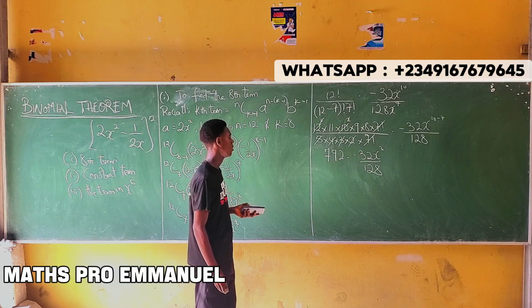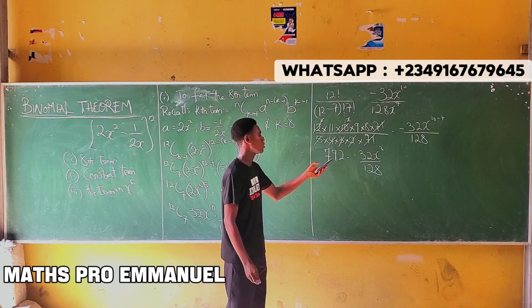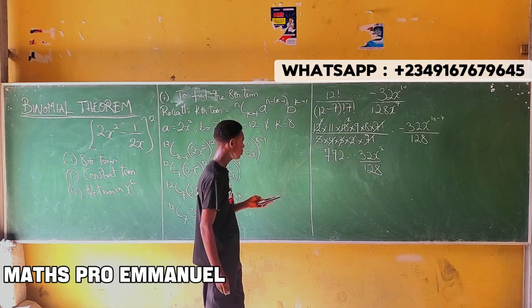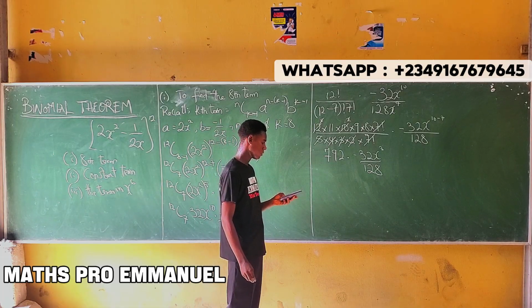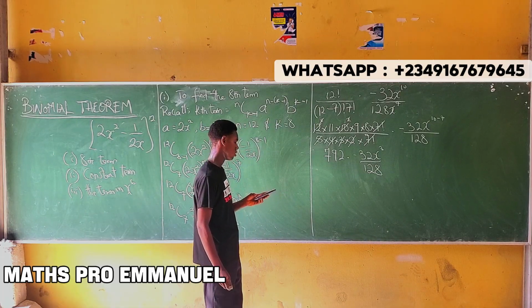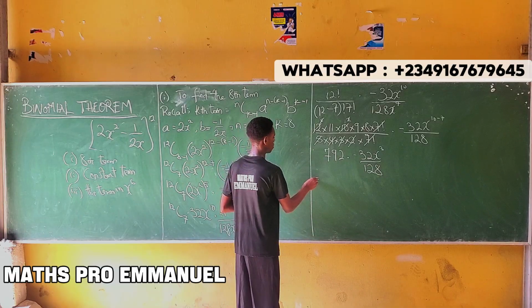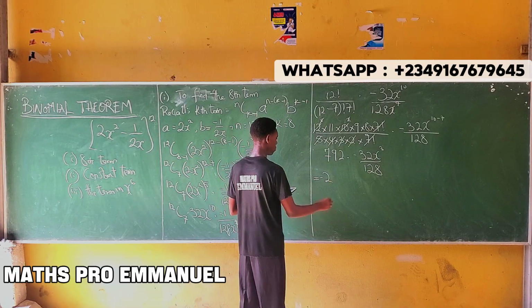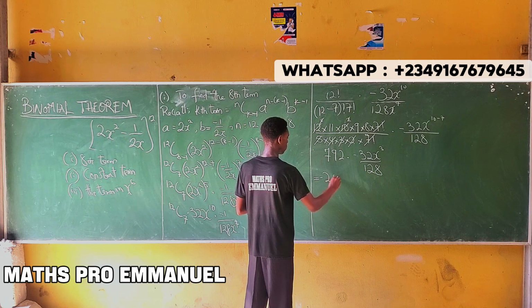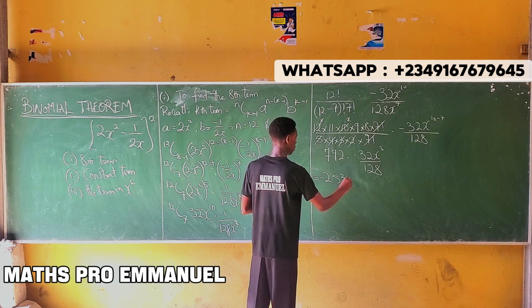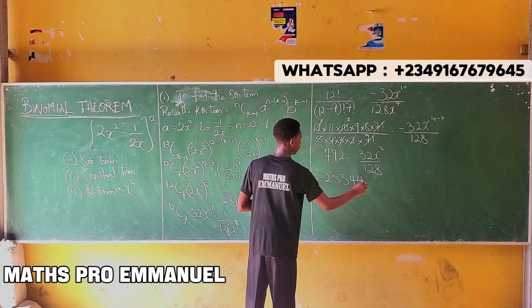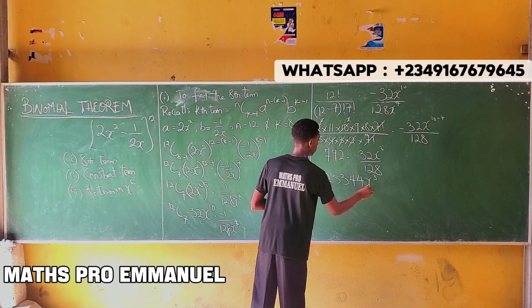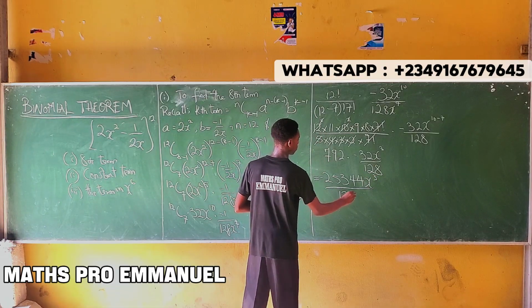Okay, it's a decimal number. So now I'll multiply this by 32. So now 792 times 32. The result is, there's a negative sign, so I'll have minus 25,344 x raised to the power of 3, all divided by 128.